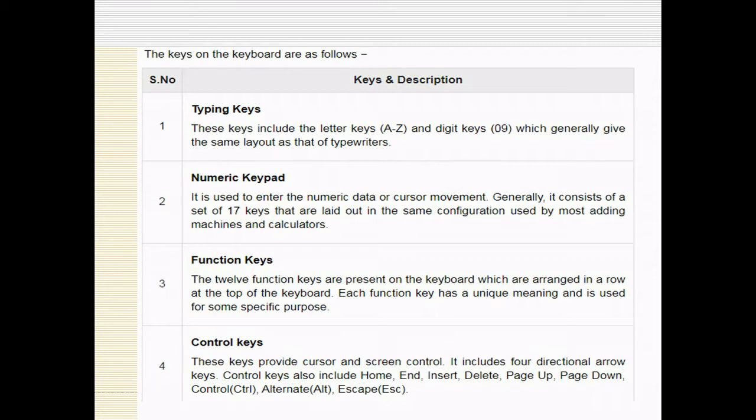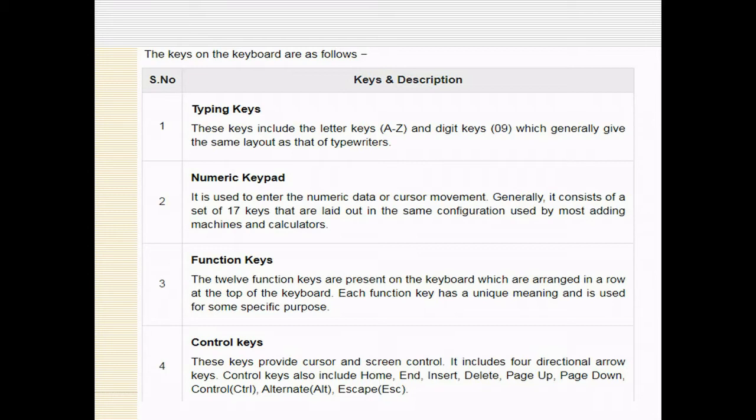Function keys. The 12 function keys are present on the keyboard, which are arranged in a row at the top of the keyboard. Each function key has a unique meaning and is used for some specific purpose. Control keys. These keys provide cursor and screen control.